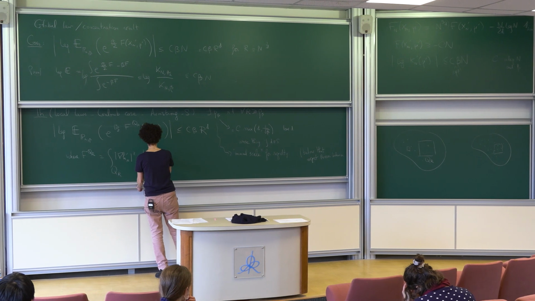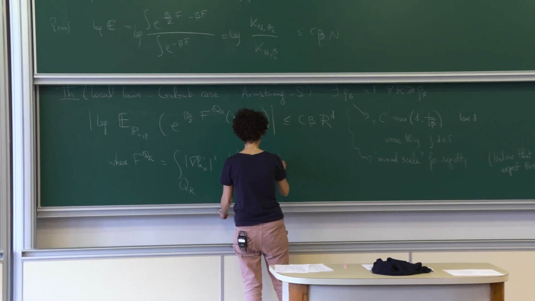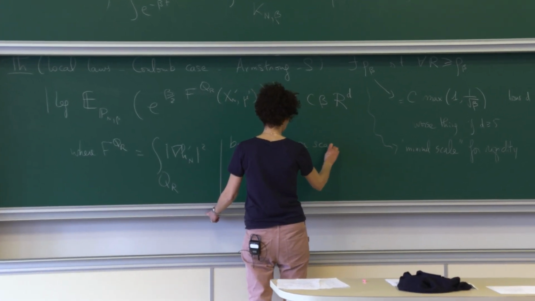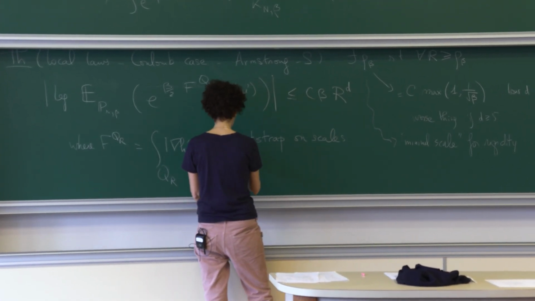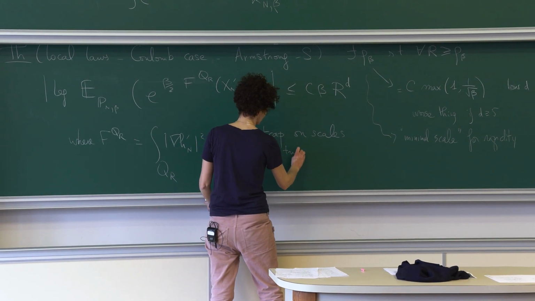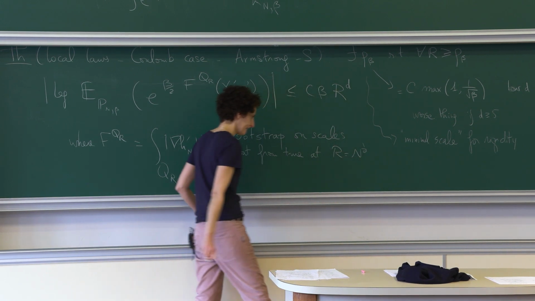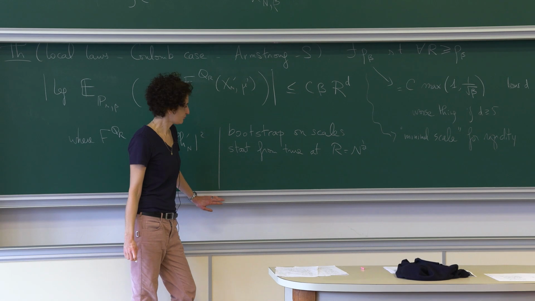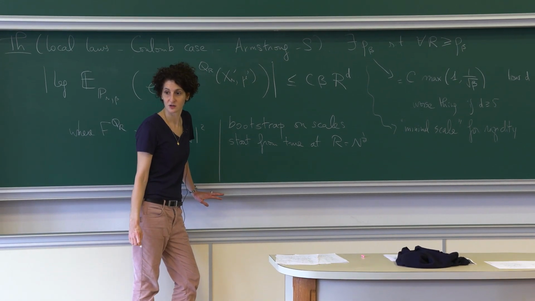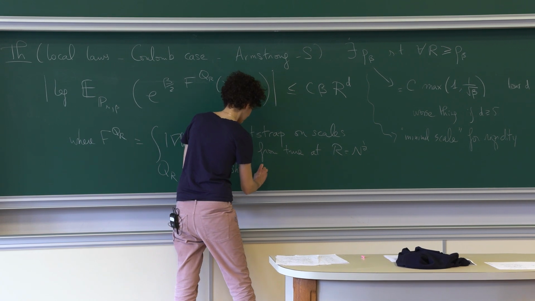So this goes by bootstrap on scales, a bit like a renormalization method. You start from the fact that it's true at r that happens to be n to the 1 over d. And you're going to try to prove that if it's true at scale r, it's true at scale r over 2.